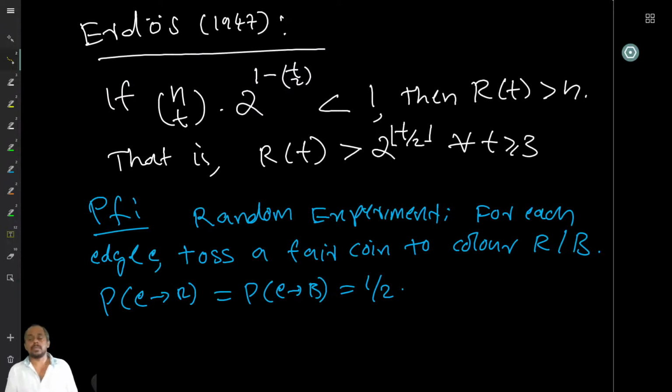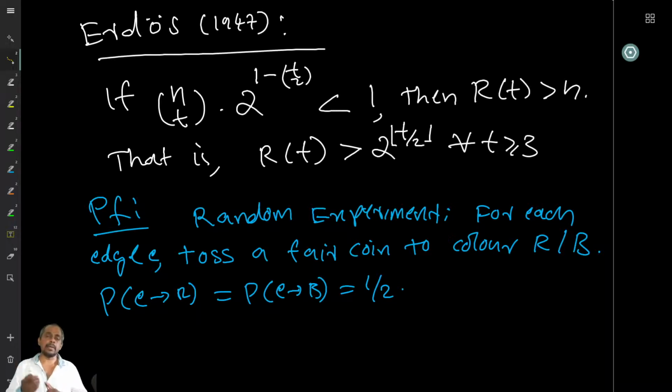And here is the proof. So how do you prove this? In any proof using the probabilistic method, we have to first come up with a setting and then a random experiment, right? The random experiment is the way to define the events and then the associated probabilities and things like that. So what is our random experiment here? For each edge in the graph G, we toss a fair coin.